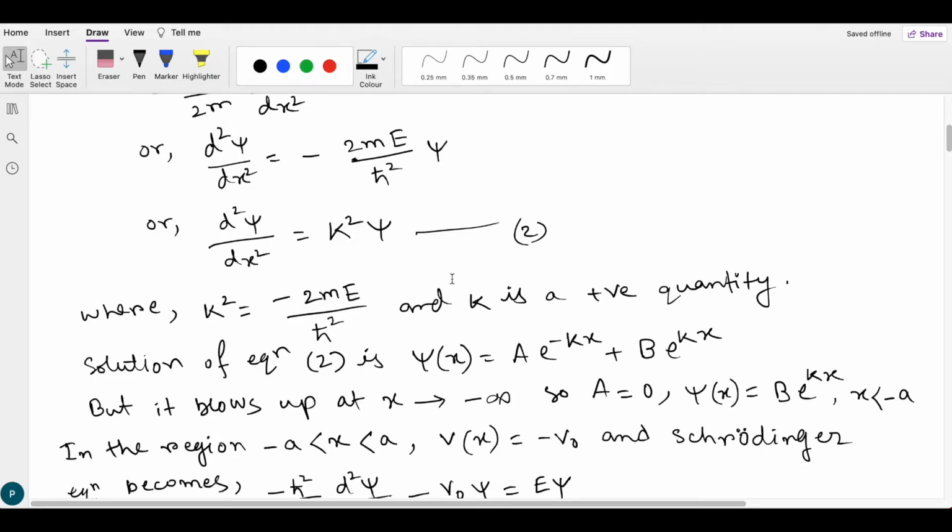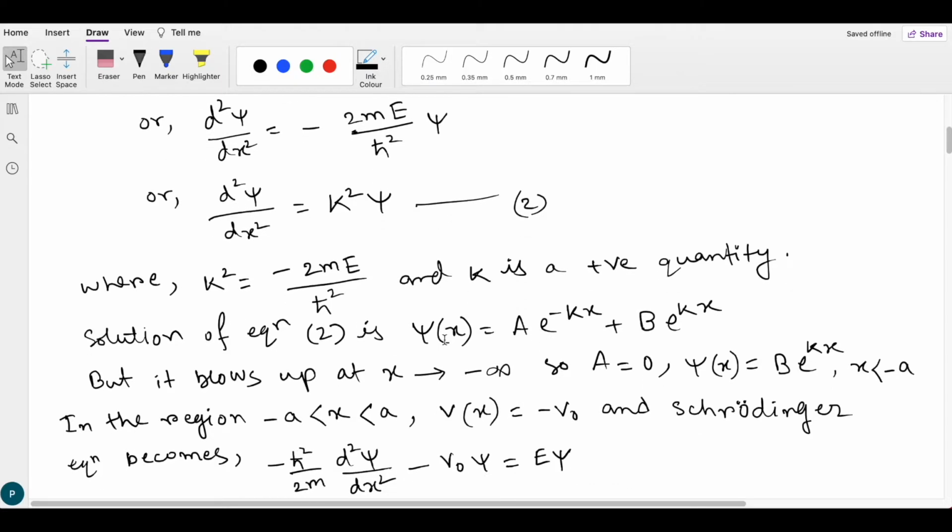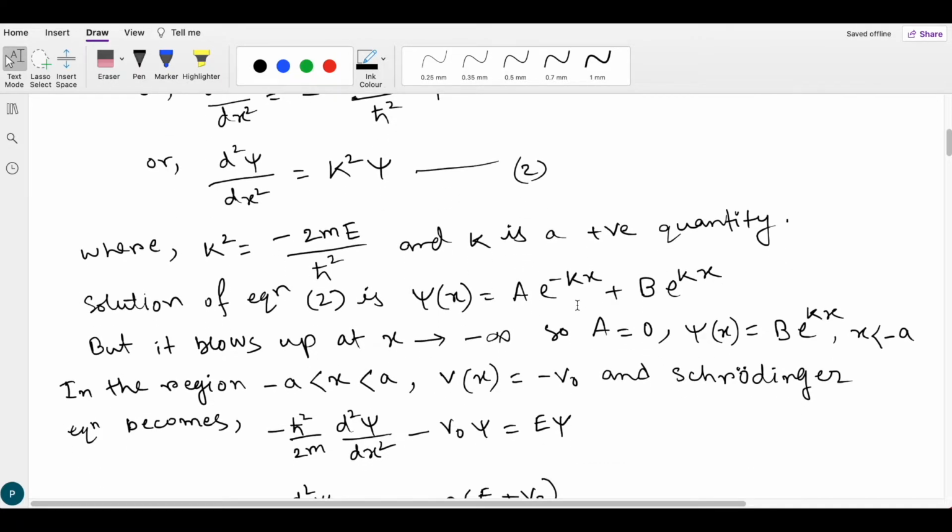But if we put the limit x tends to minus infinity, the solution blows up. So we have to put A equals 0 and our solution becomes psi equals B e to the power kx. Now if we put the limit x tends to minus infinity, we get psi equals 0.